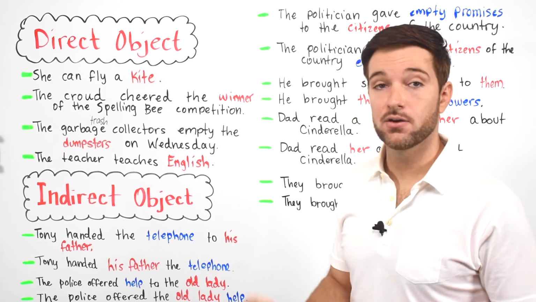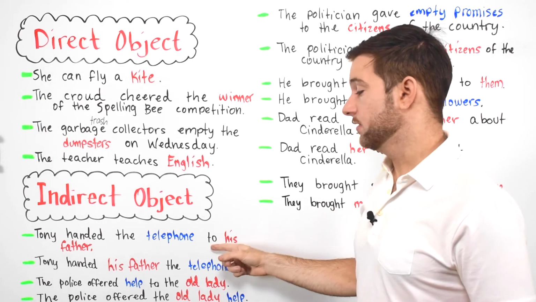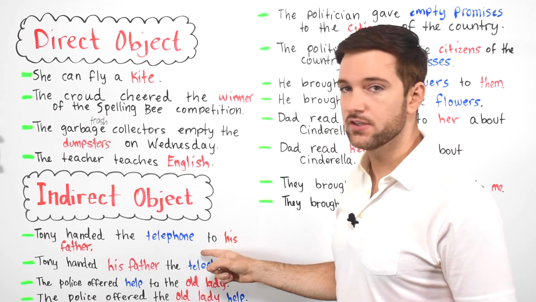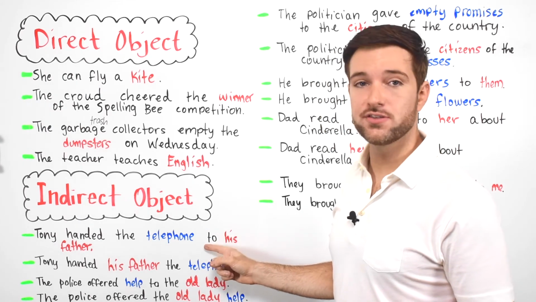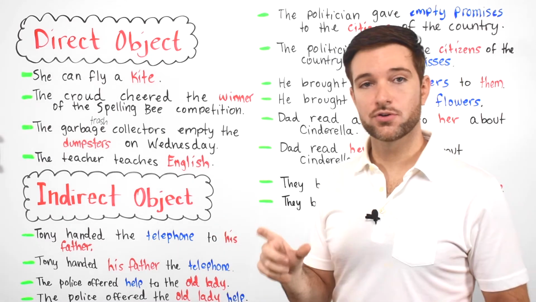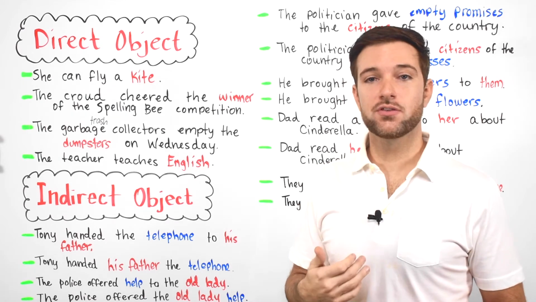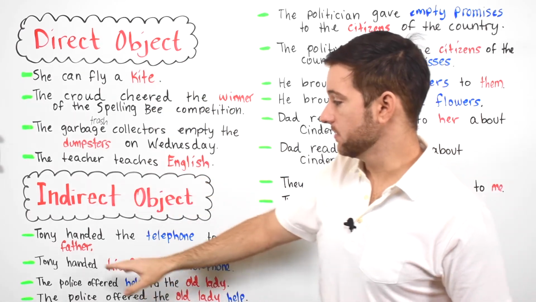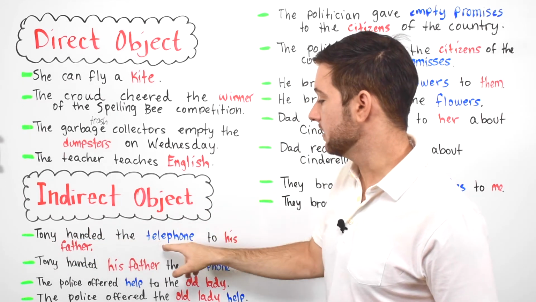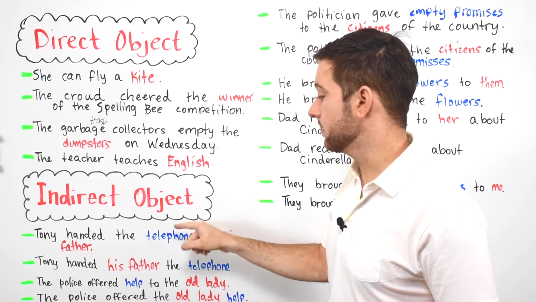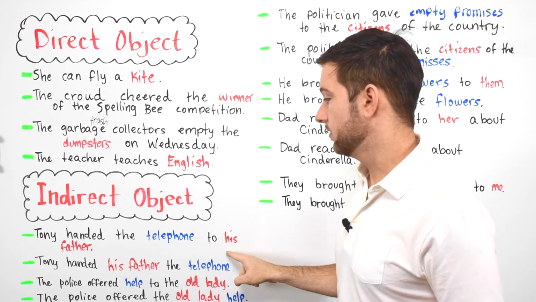Now, the word to, in this case, you'll see oftentimes. We don't have to always use it, but when we do use it in our examples, the word to helps to transfer the direct object all the way to the indirect object. So you'll see it. Tony handed the telephone. Now let's transfer the telephone to the indirect object, to his father.